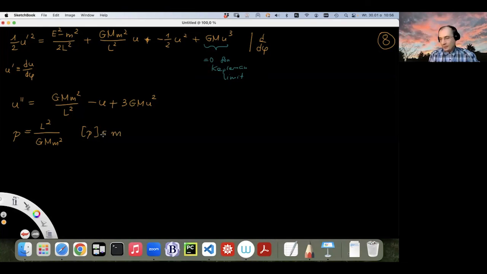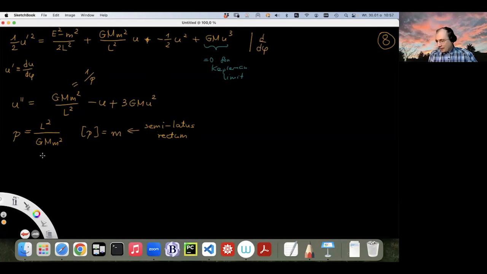It can be measured in meters. And I think in astronomy it is known as the semi-latus rectum. It's one of the possible measurements of the size of an elliptical orbit. It's not really important what exactly it measures. It gives you some kind of idea about how big this orbit is. So this then becomes 1 over P.